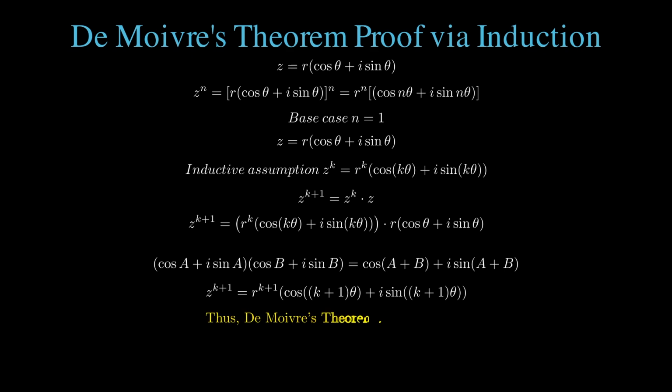And from that, we've shown that the case of z to the k plus 1 is true if z to the k is true. And then we can go further and say that because the base case of n equals 1 is true, De Moivre's theorem holds true. So when using De Moivre's theorem, you can say that if your statement is cosine theta plus i sine theta to the power of n, you can change this to the cosine of n theta plus i sine n theta.